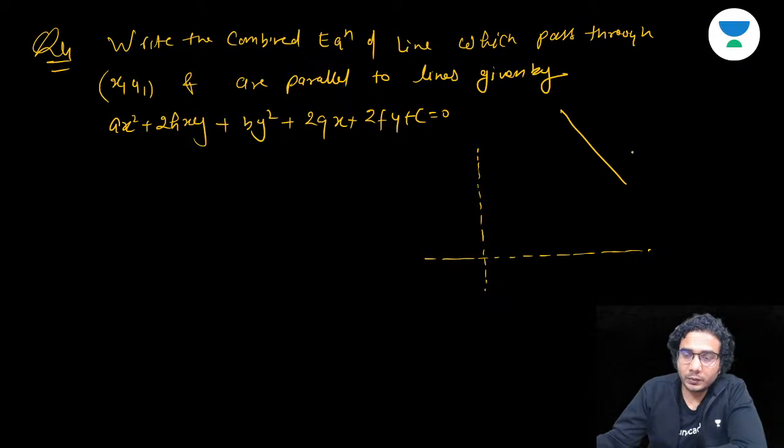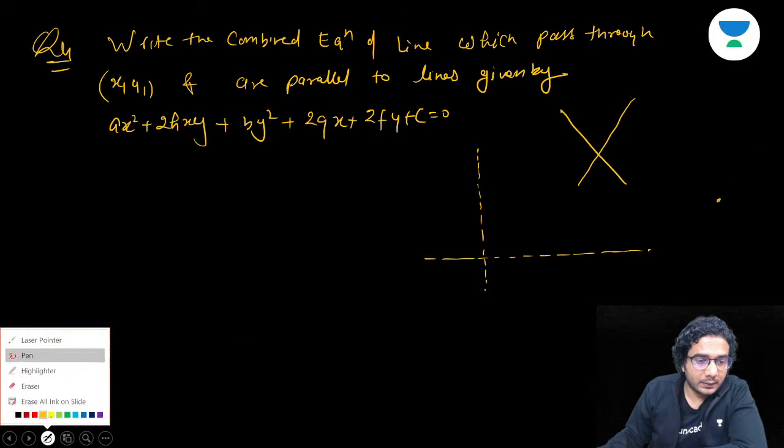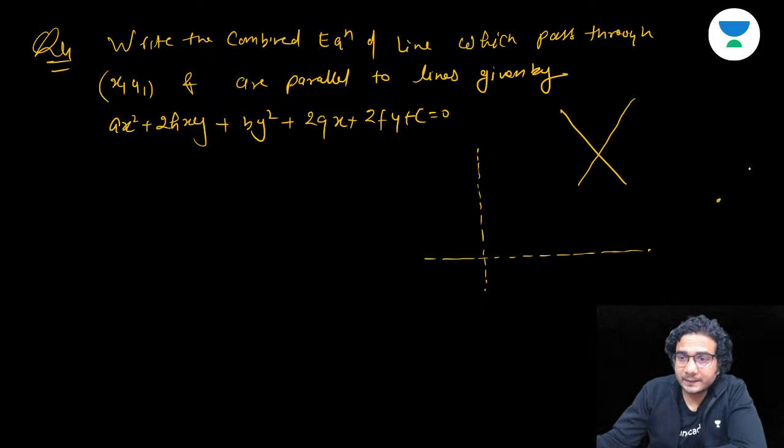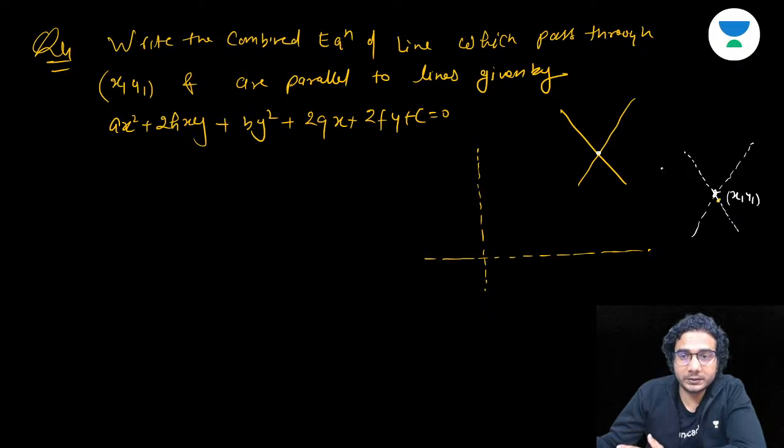We need to find the equation of lines which are parallel to these lines like this, but they pass through a different point x1 comma y1. This point we do not know, and because numerical values are not given, do not try to find this point and then start shifting. You need to do shifting, but how to do it?